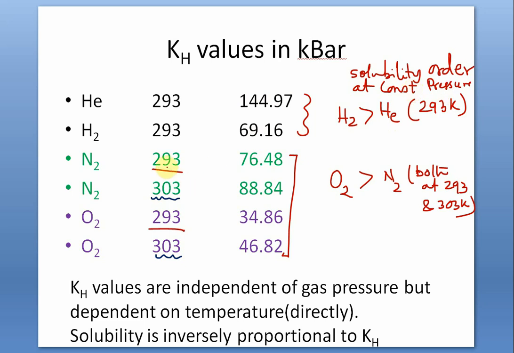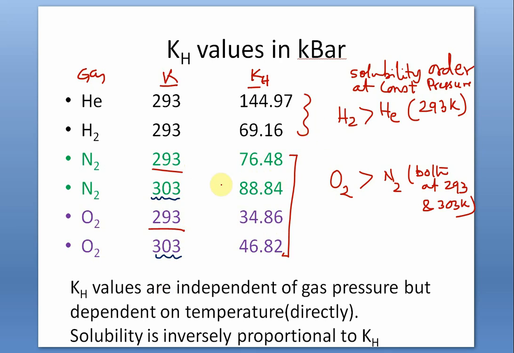And see, nitrogen at 293 Kelvin, this is Kelvin, this is Kh in kilobar, and this is gas. Nitrogen at 293 and oxygen at 293. See, which is more soluble at the same temperature? Obviously oxygen is more soluble, its Kh is less, nearly 2 times less. So oxygen is comparatively more soluble than nitrogen at any temperature.